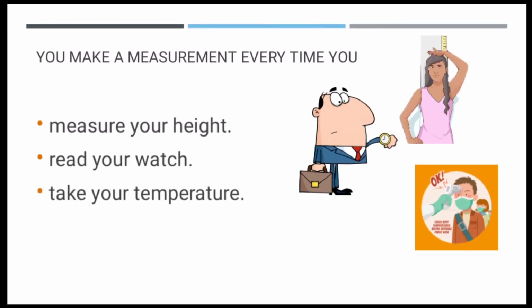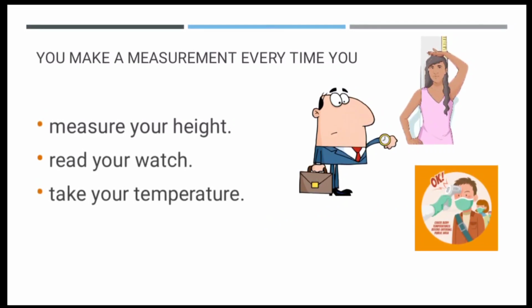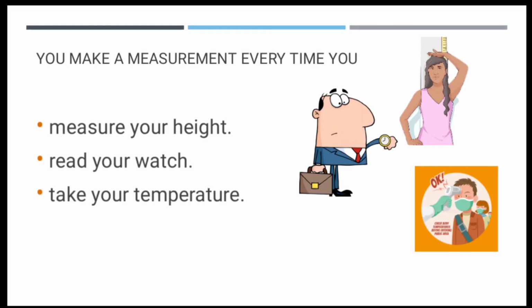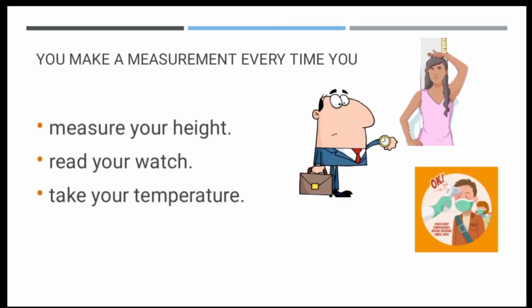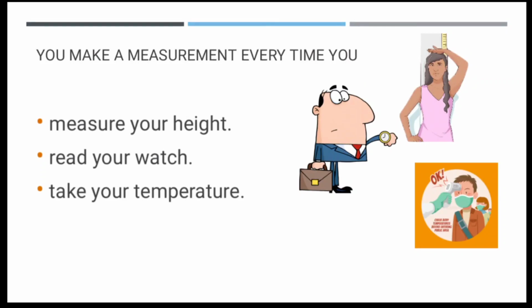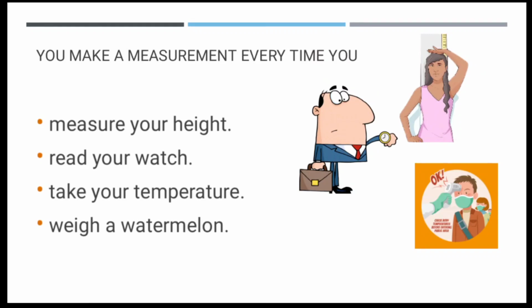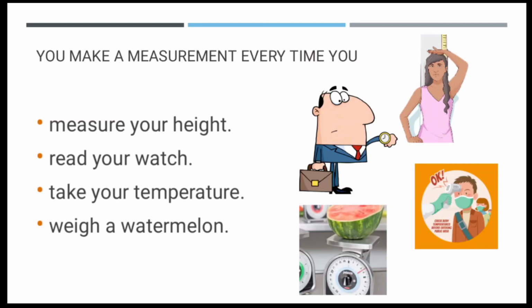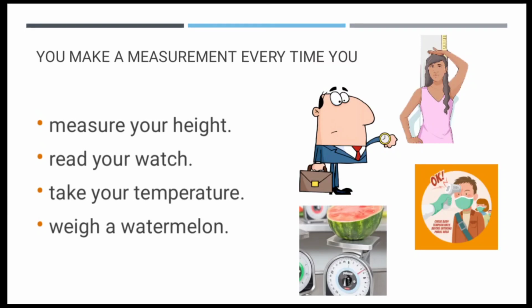At this time of pandemic, we have to take the temperature using a thermometer, and some people are using a thermal scanner. Then weigh a watermelon, for instance. If we are going to buy a watermelon at the market, for us to identify its price, we have to weigh the watermelon. Okay.